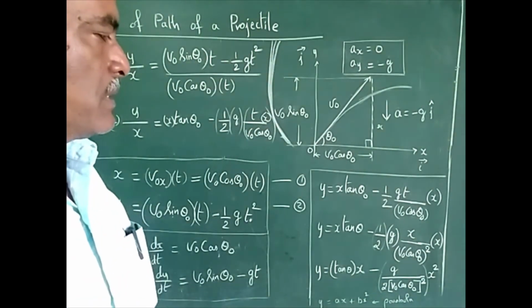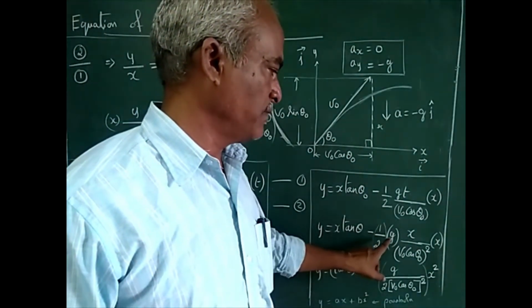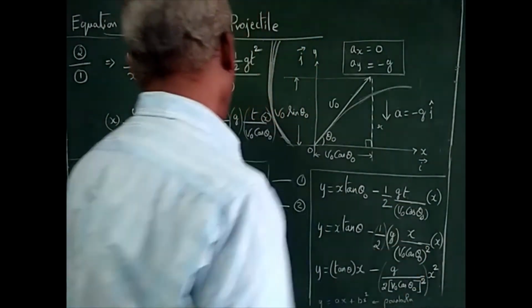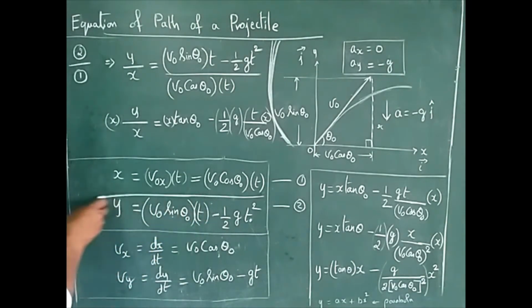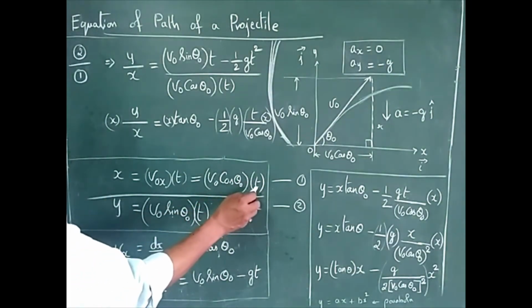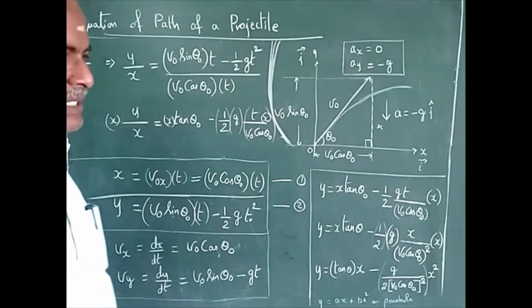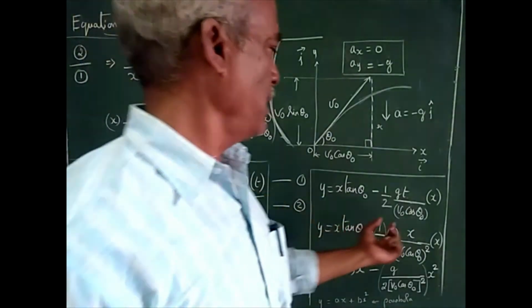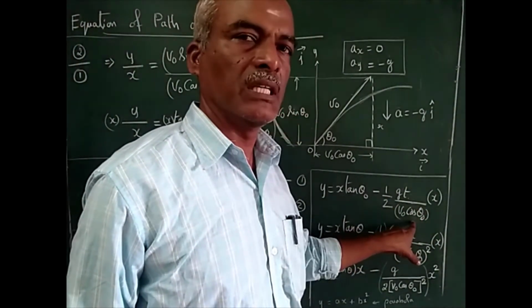So the next step is y is equal to x tan theta minus half g, this t. Just see t. From this equation, t is equal to x divided by v naught cos theta naught. That's what is written here. So here we have t, which is x divided by v naught cos theta naught. So already you have v naught cos theta naught.